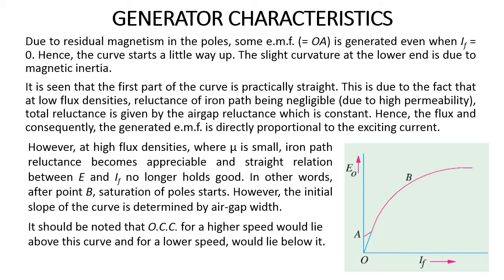So if you increase IF further, we can't get more EMF. That is saturation. It should be noted that the OCC for a higher speed would lie above this curve and for a lower speed would lie below it. As per the EMF equation of DC generator, the generated EMF is directly proportional to speed. If the speed is increased, EMF also increases.